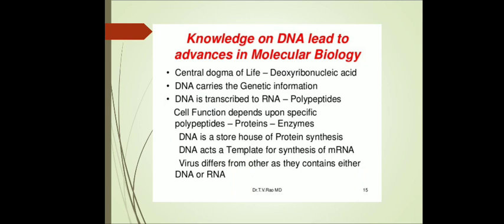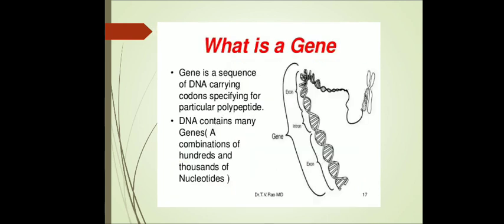Generally, DNA is present in all different types of organisms, in prokaryotes as well as in eukaryotes, as genetic material, excluding viruses, which contain DNA or RNA as their genetic material. So in bacterial genetics, the most important term is genes.